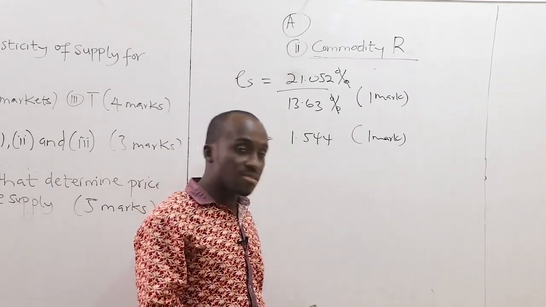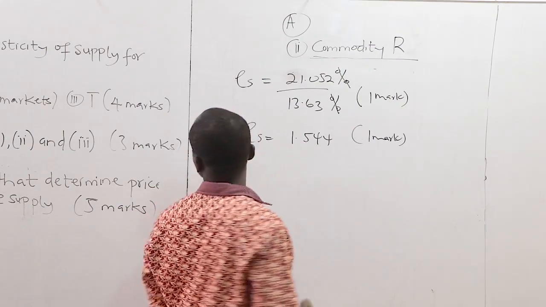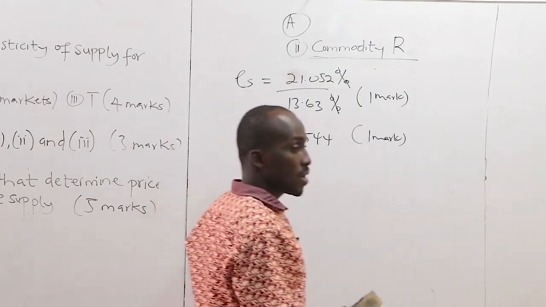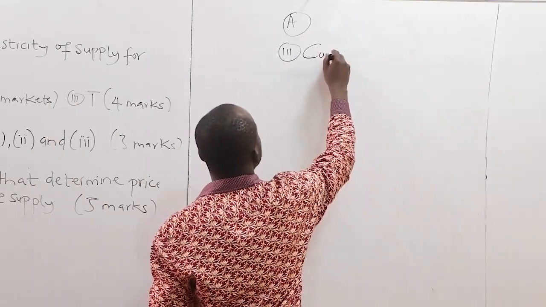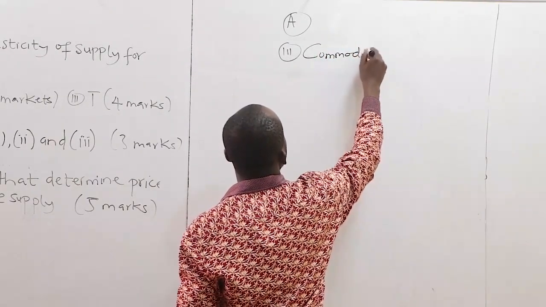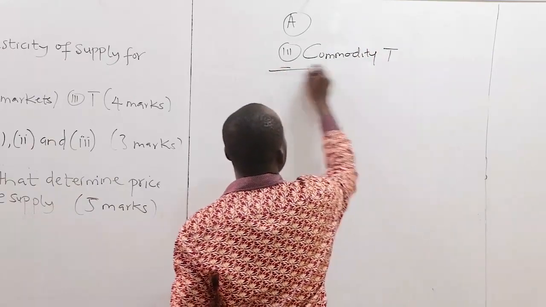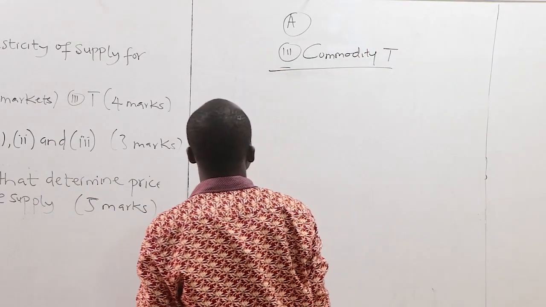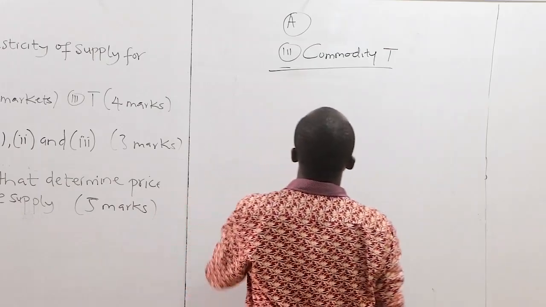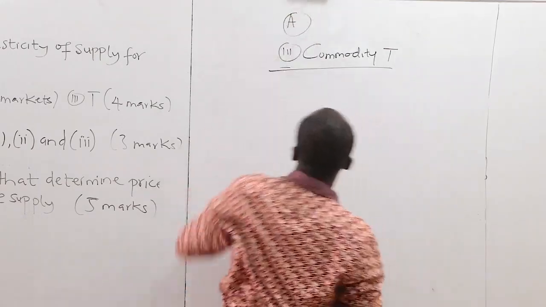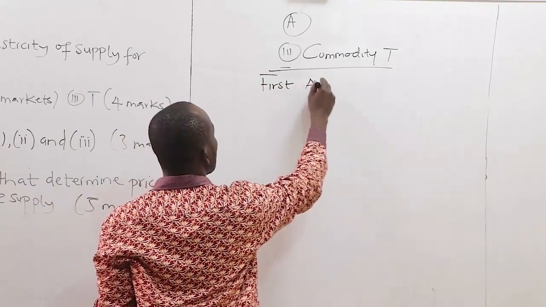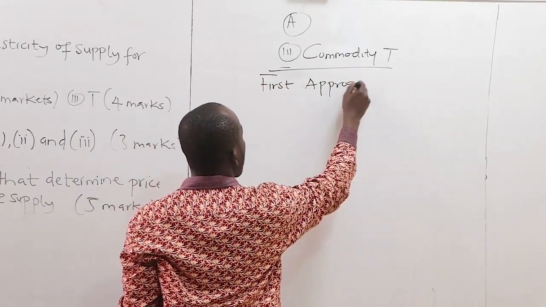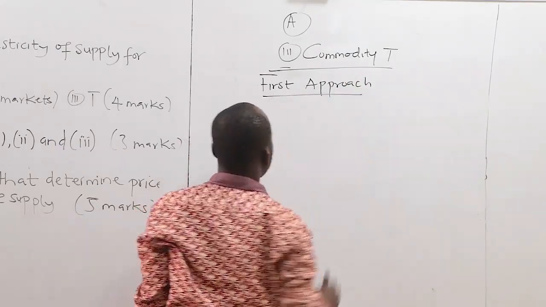Let's still do commodity T, and let's see what we have. Let's use the first approach.